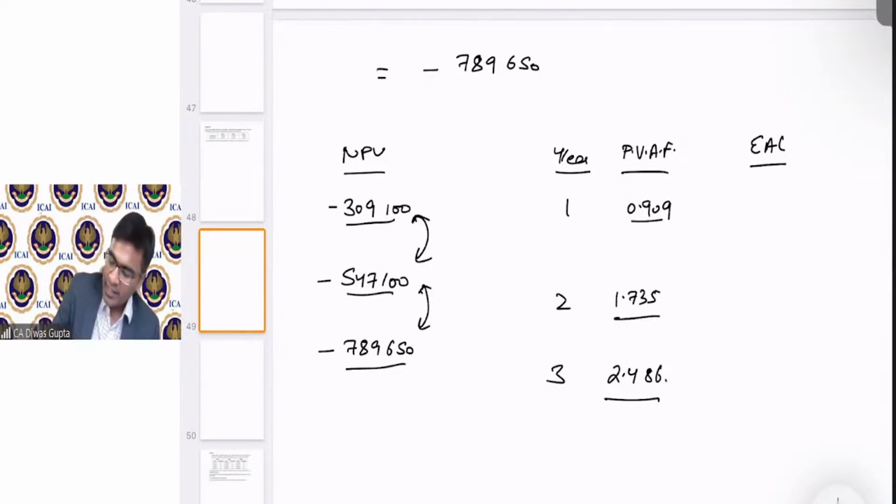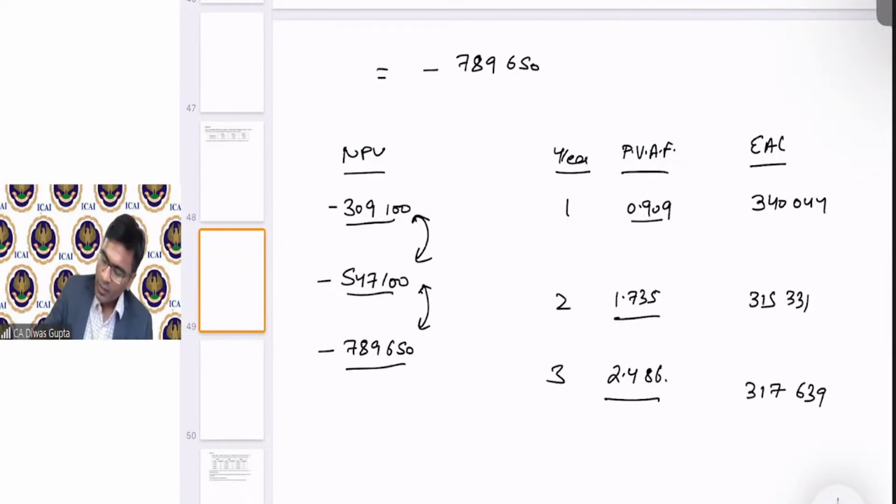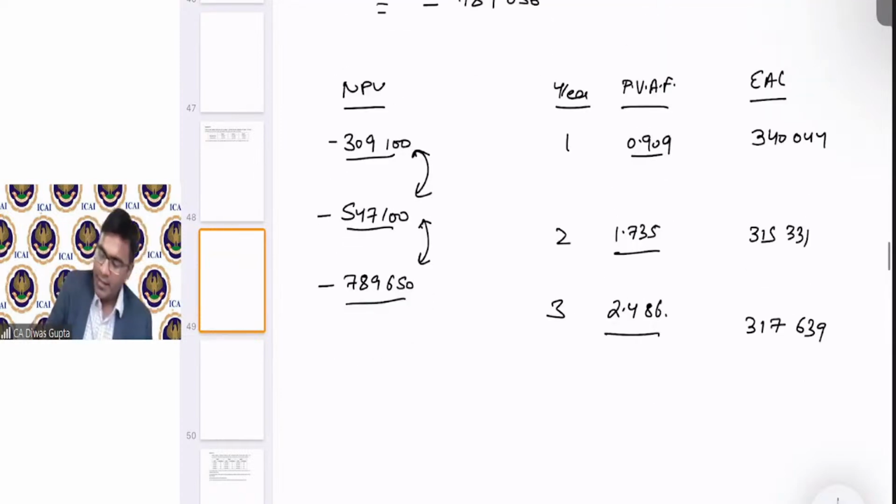So the numbers that we will get are 340,044, 315,331, and 317,639. And these are all in negatives, right? So please remember, these are all negative numbers. So since NPV is negative, the EAC is also negative.